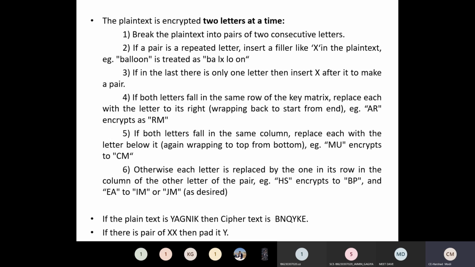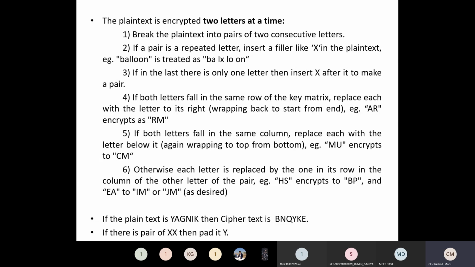After the pairs are created, we have to look up the characters of each pair in the key matrix. Here there are three rules that we have to consider. The first is to see whether both letters of the pair come in a single row or not.